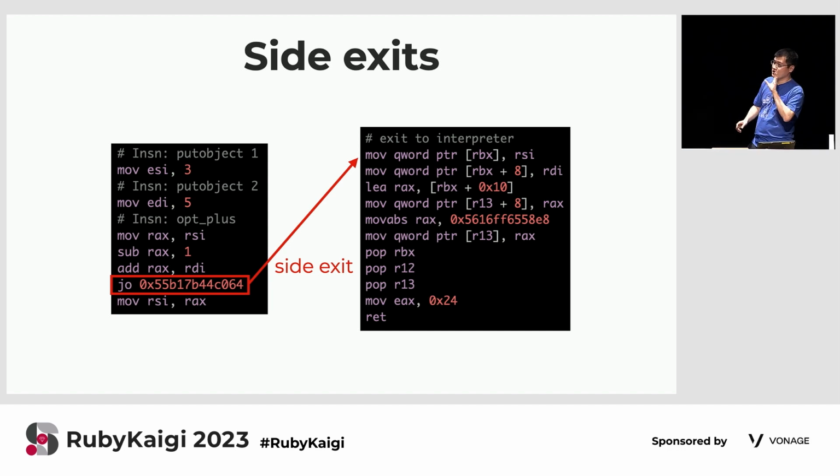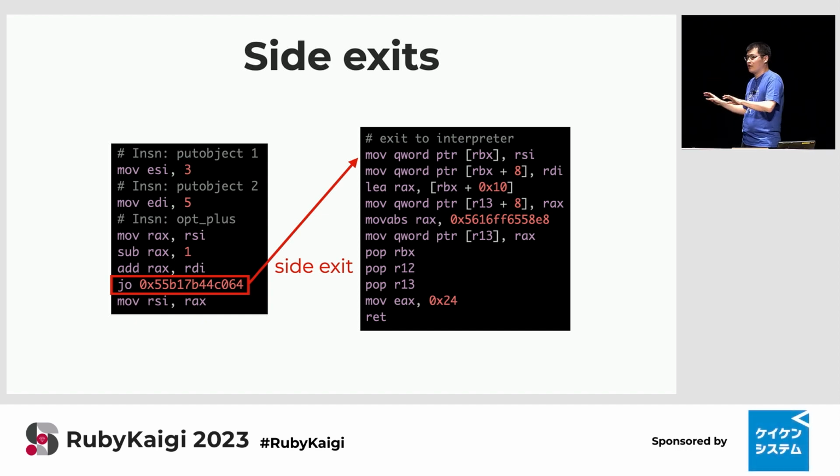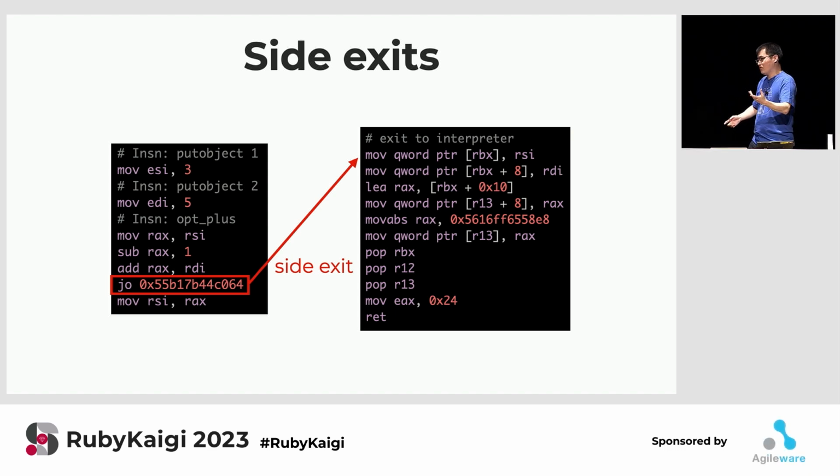If you write those codes so that they are located in different memory pages, then when you are using the left memory page, you will not be reading the code that's required for executing the right side code. Most of the time, integer calculation doesn't really overflow, so you don't often need to use the right side code, which makes reading the left side code more efficient. So side exit is useful for making the code more compact.